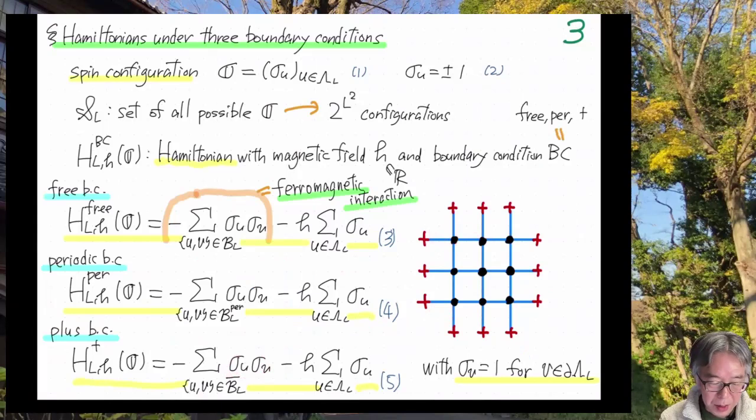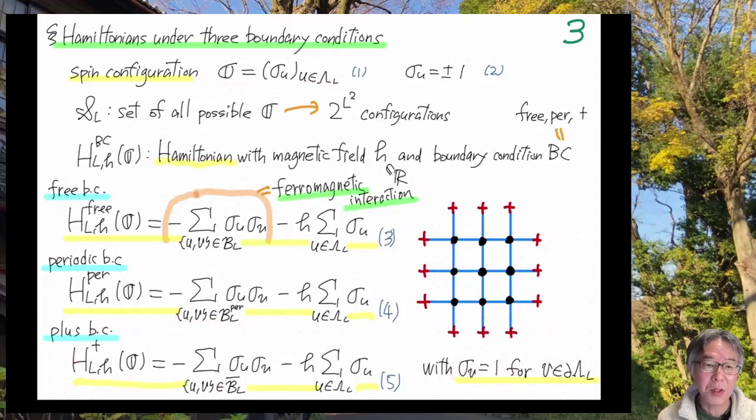In this case, this sum includes U of V, which is outside the lattice lambda L. And this spin configuration is only for spins on lambda L. And in this formula, if you encounter sigma V for V which does not belong to the center lambda L, in other words, which belongs to the boundary, then we just set sigma V to be 1.